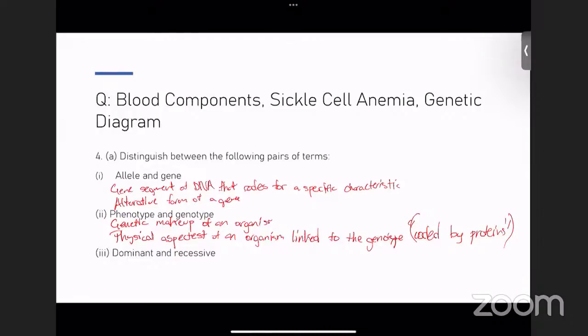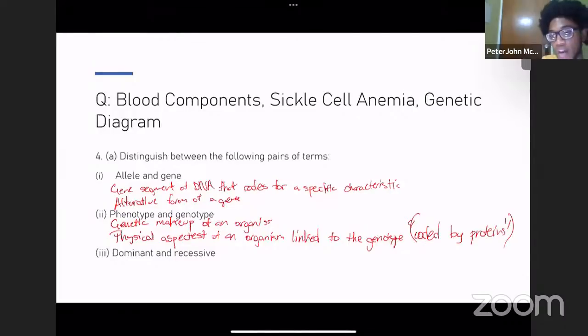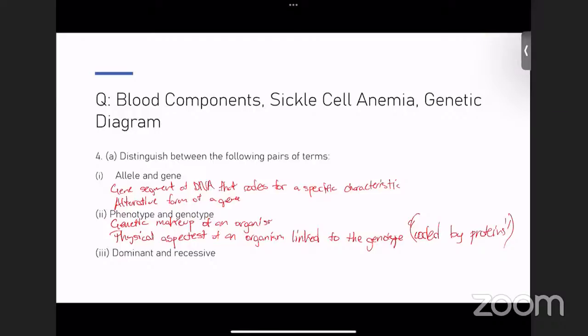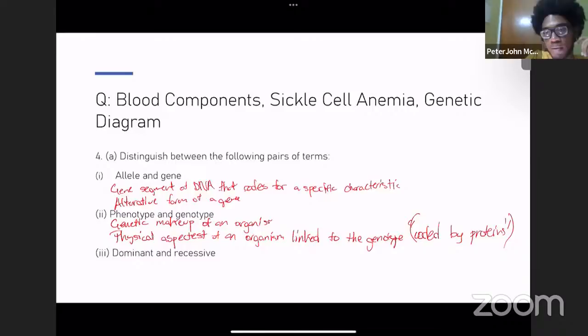It overcomes the other. Maxwell, I think you were saying that. I was saying that the dominant allele overcomes the other traits, so it's the one that is seen. Yeah, perfect. So that's what I would put anyway.